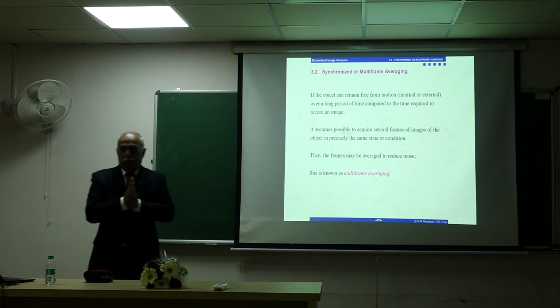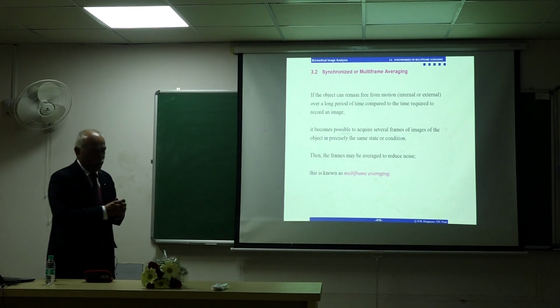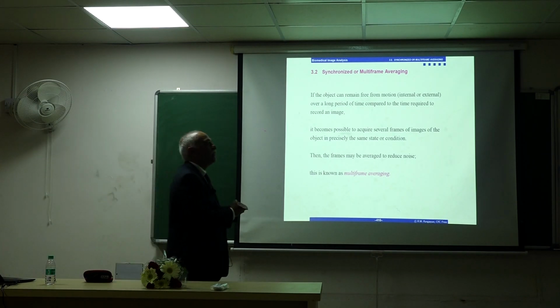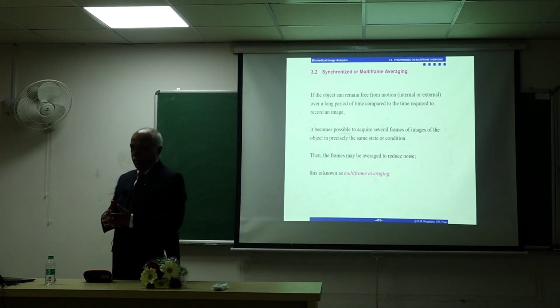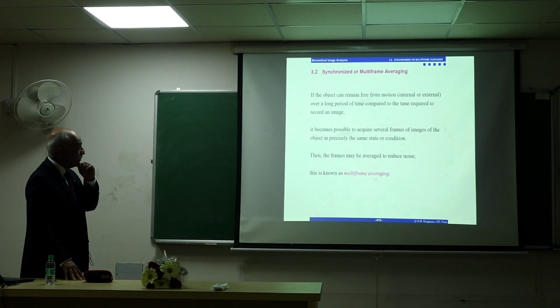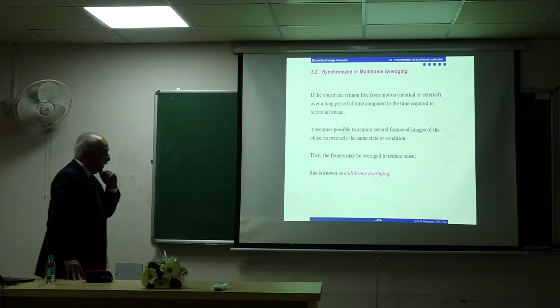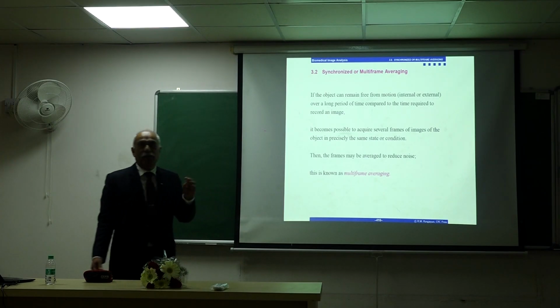Now, how do you apply some of these concepts to get better images, filter noise, and achieve reduction of artifacts? So let's look at some procedures and examples. The first one I mentioned is synchronized or multi-frame averaging.